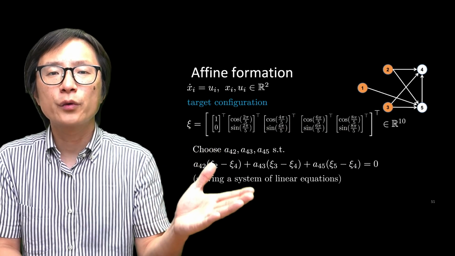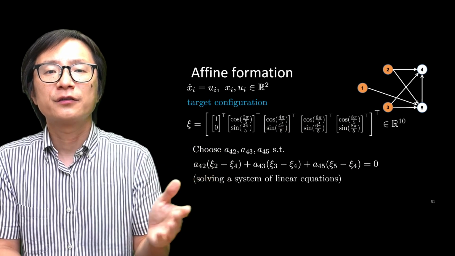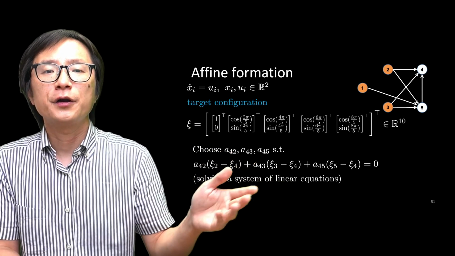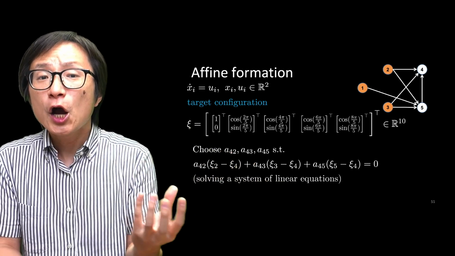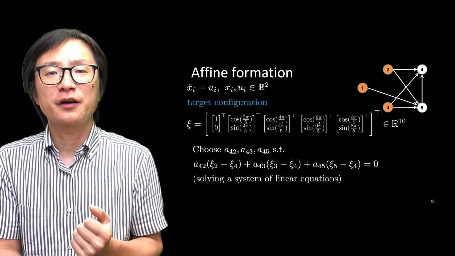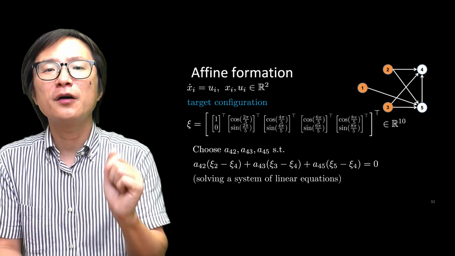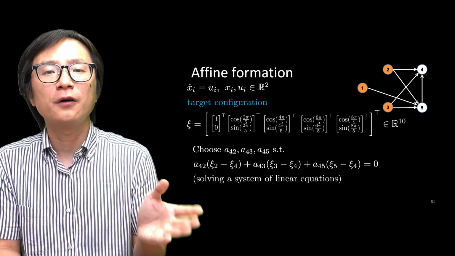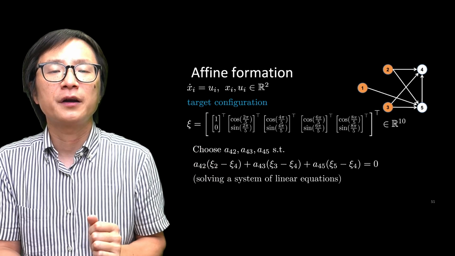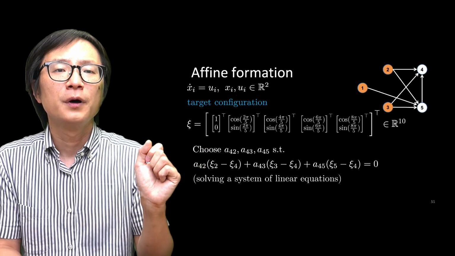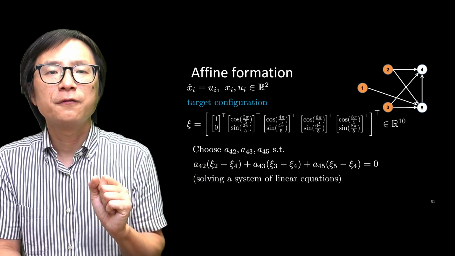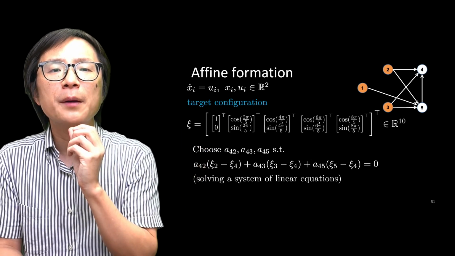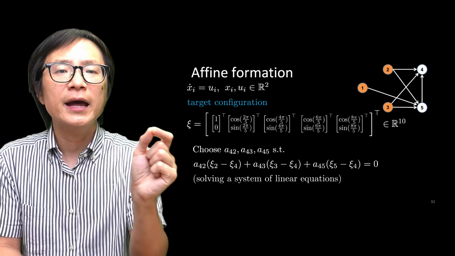To design the real weights Aij to satisfy a linear equation so as to encode the target configuration into the kernel of L Kronecker product I2, that amounts to solving a system of linear equations. Let's take an example. Let's consider node 4, whose 3 neighbors are 2, 3, and 5.